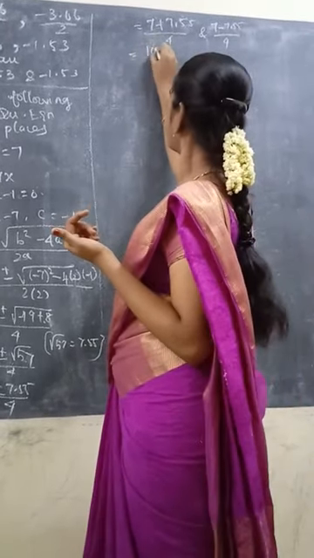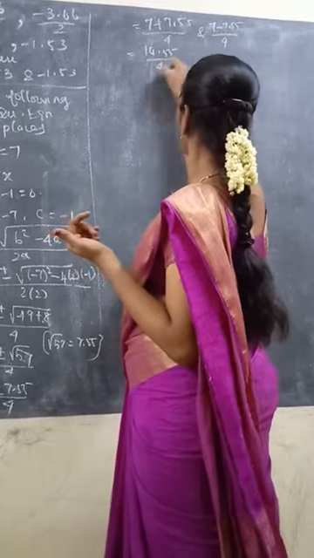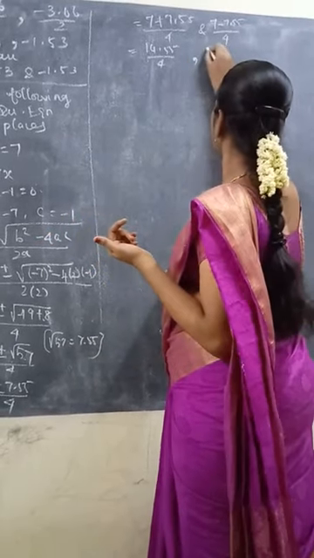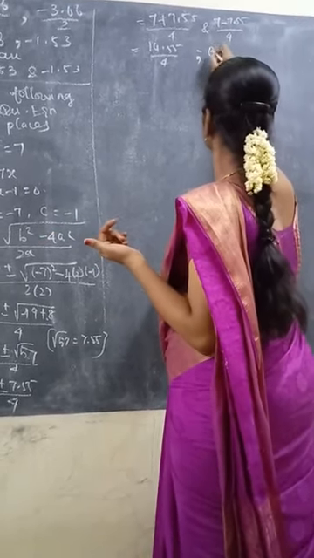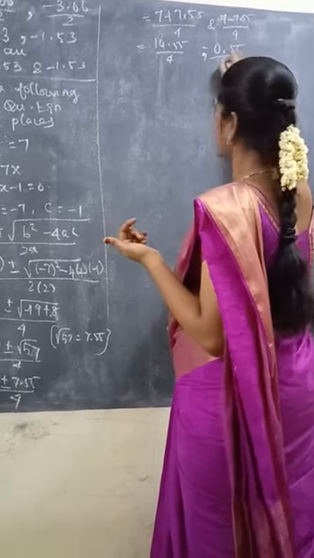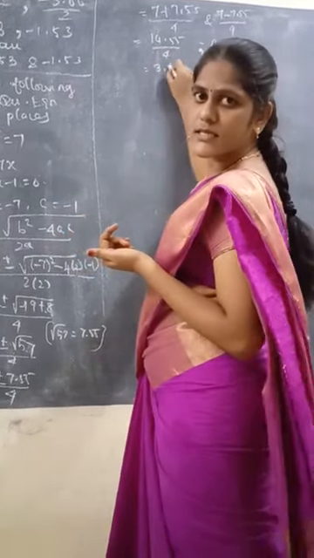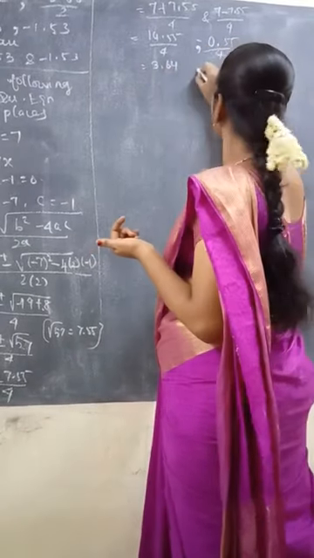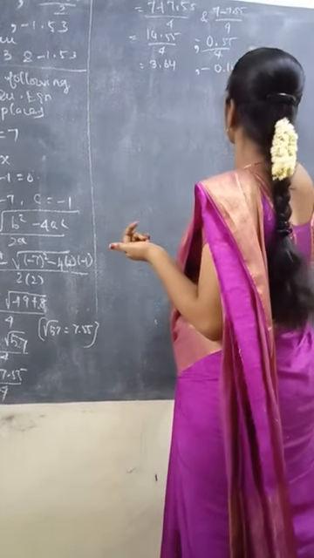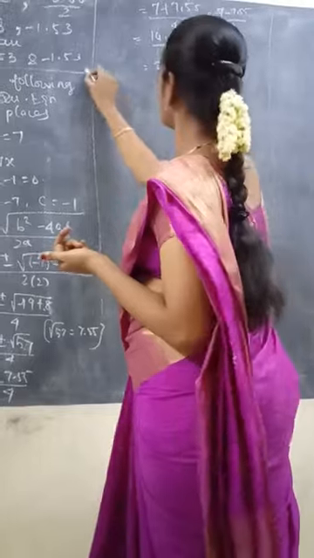So 7 plus 7.55 is 14.55 by 4 and here minus 0.55 by 4. So equal to 3.64. Here minus 0.1. That is the answer for this one.